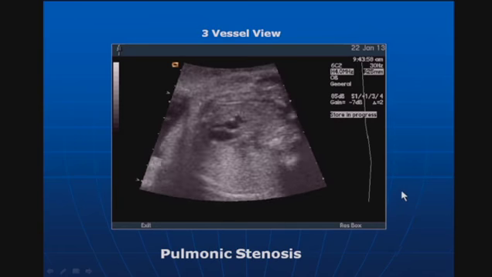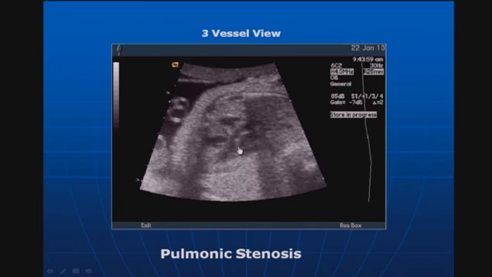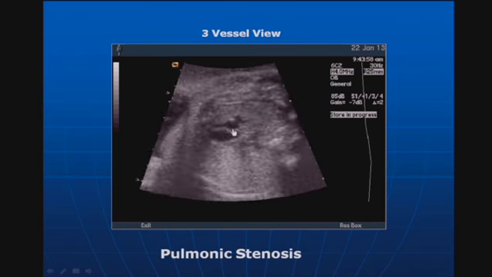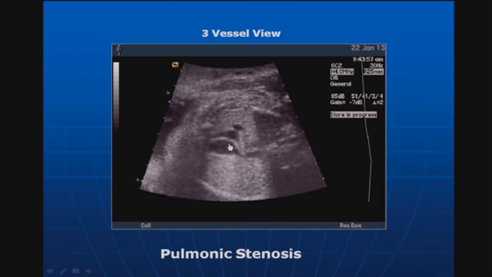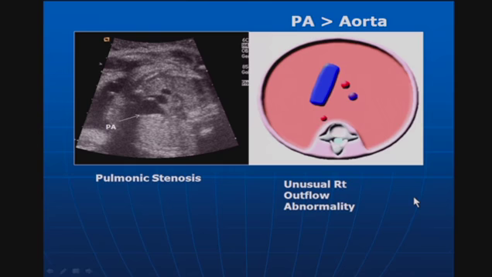And then you look at the three vessel view. You come from here, see the pulmonary artery is markedly discrepant in size compared to the aorta. It's much larger, actually compresses the aorta a little bit. And in this case of pulmonic stenosis, we see that the pulmonary artery is much larger than the aorta and actually compresses some of the LVOT as well.